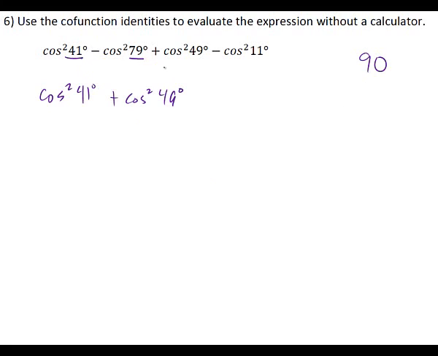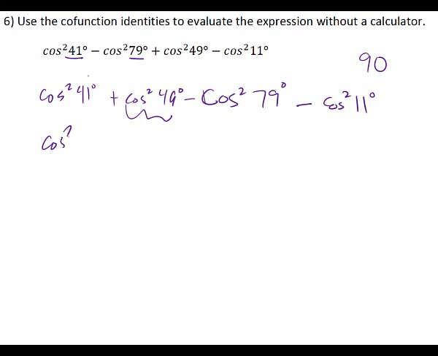And then 79 would pair with what? 11. And notice those are both minus, right? So minus cosine squared of 79 degrees minus cosine squared of 11 degrees. All right. We are allowed to, the cofunction identities, remember the third window, first column. We are allowed to replace this with the sine of the opposite angle, right?